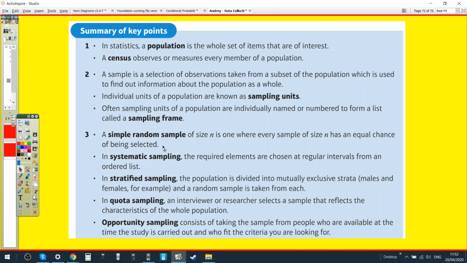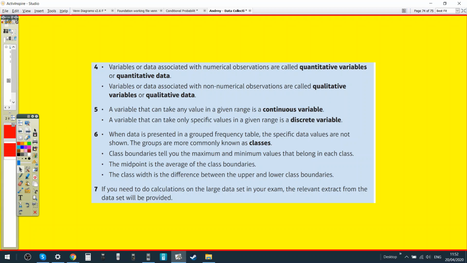Simple random sample, that's okay. Systematic sampling, that's okay. Stratified sample, that's okay. Quota sampling was when they have to meet a quota of a certain number of people, so they just keep going until they get them. Opportunity sampling, so it's just the first number of people that they meet, something like that.